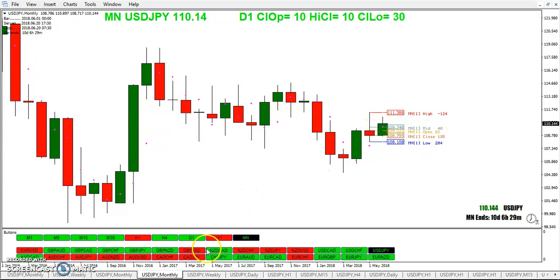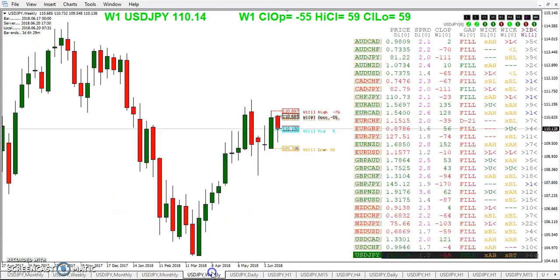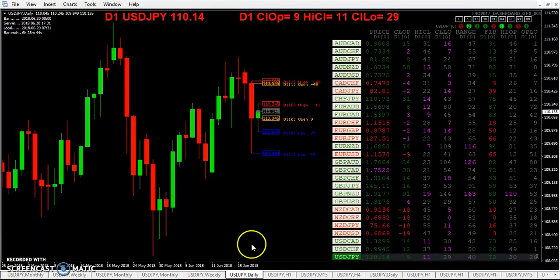Okay, but let's go look at the week. And we can see here on the week, we've got the same thing. It's basically range bound within the previous candle. Let's look at the day. And if we look at the day, once again, we see it is range bound.